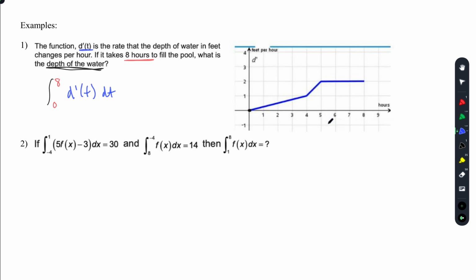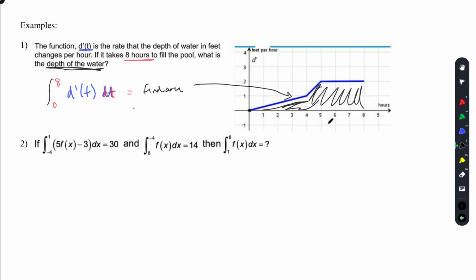Don't forget dt. I'm going to put that in red: don't forget the dt. Now you just find straight up the area under the curve, geometry style. You do a triangle and maybe count the boxes.